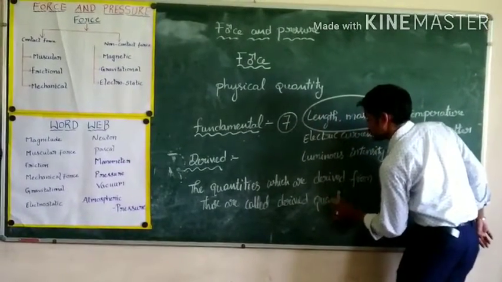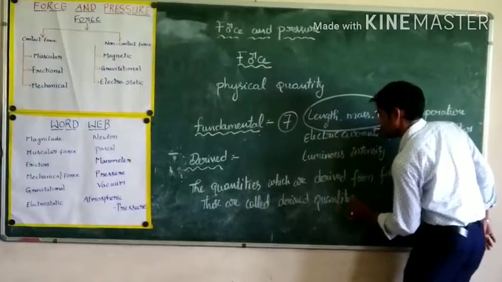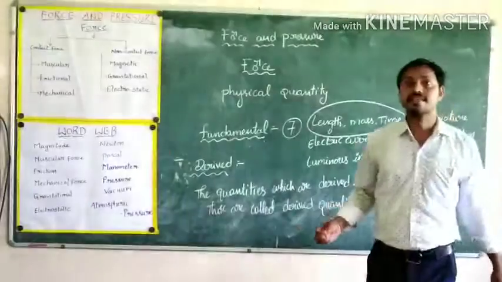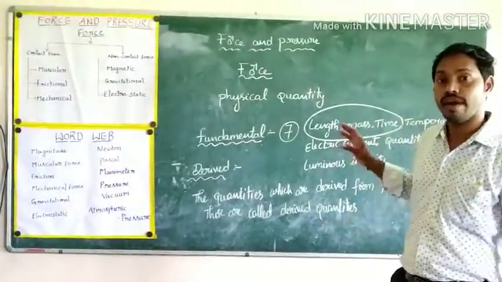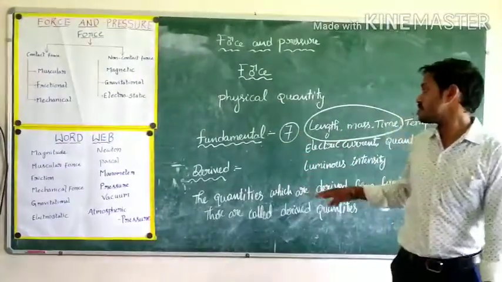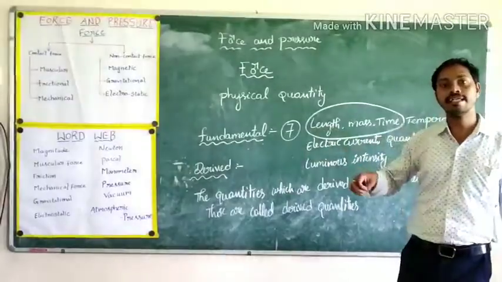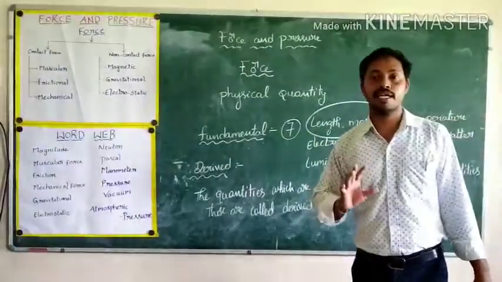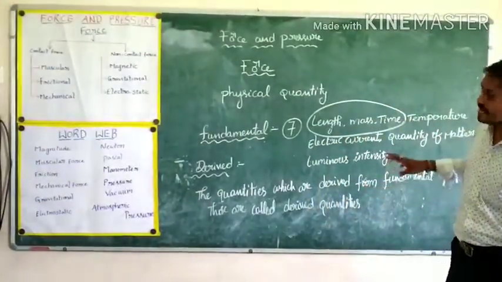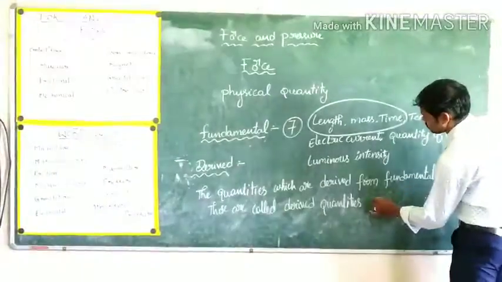The quantities which are derived from fundamental quantities, those are called as derived quantities. So what are the examples for derived quantities? So let us look at the example for derived quantity.